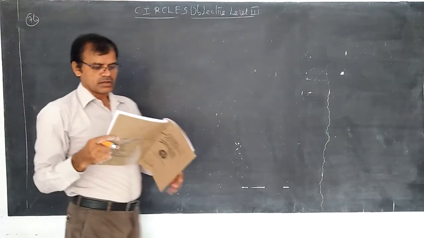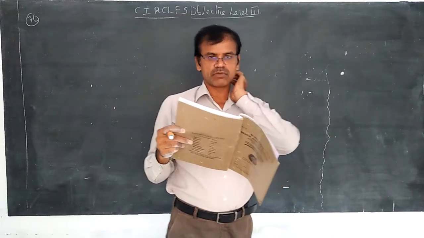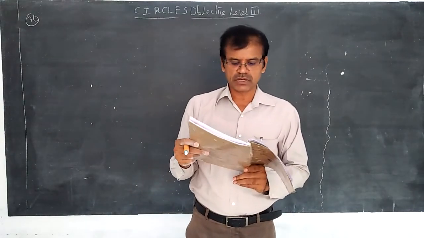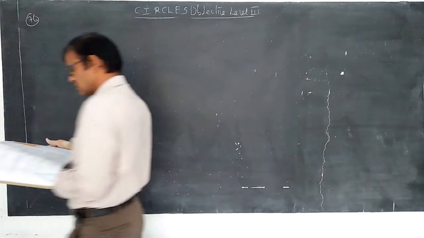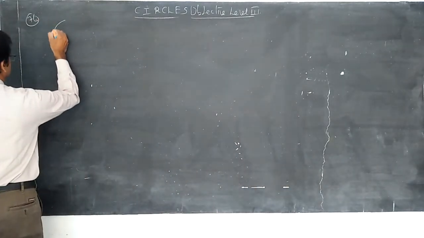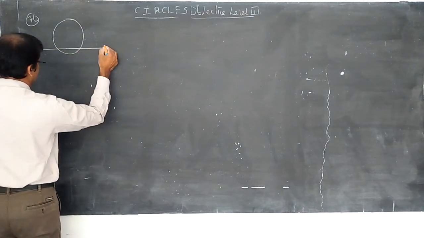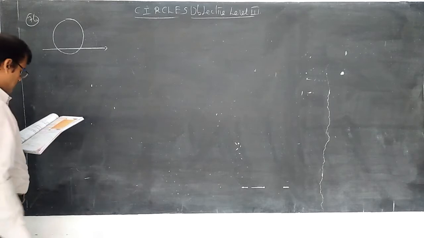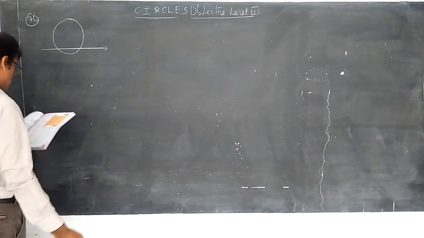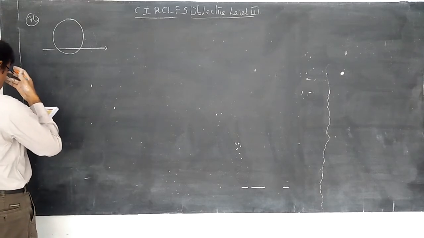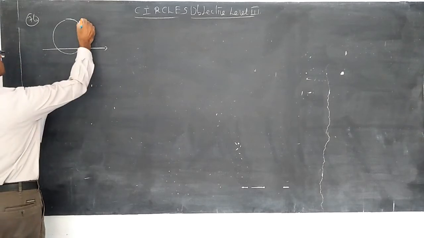If a circle passes through the point (-1, 0) and touches the y-axis at (0, 2), then find the length of the chord of the circle along the x-axis. Length of chord along x-axis means he is asking indirectly for the length of the x-intercept.